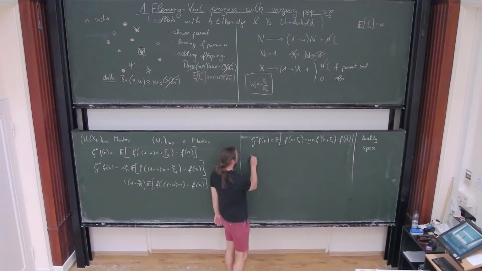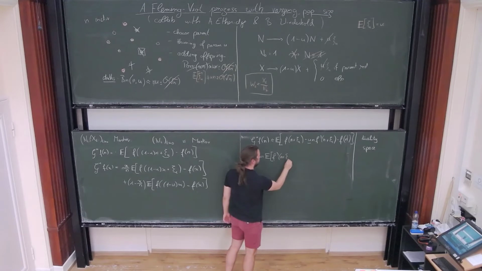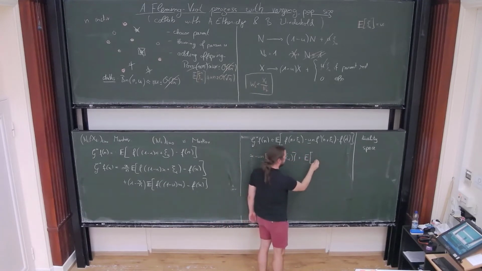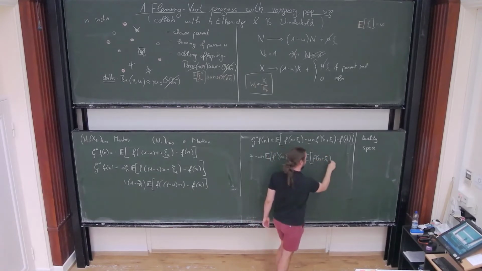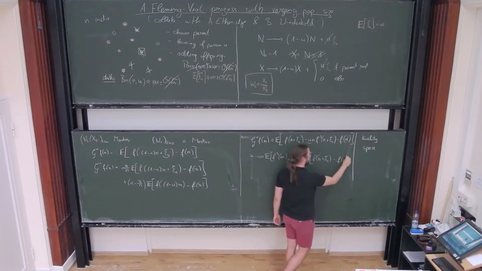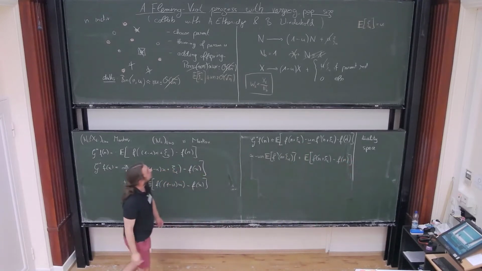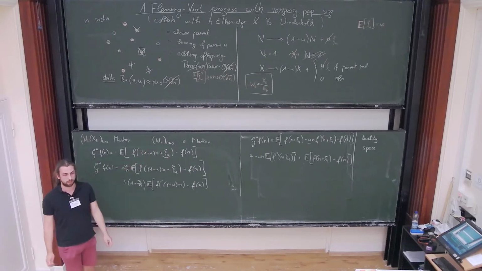So what we have is this term minus U and expectation of F prime of N plus psi U. And then we've got the second term. Okay, so two things. We had this condition that the expectation of psi U is U, right?